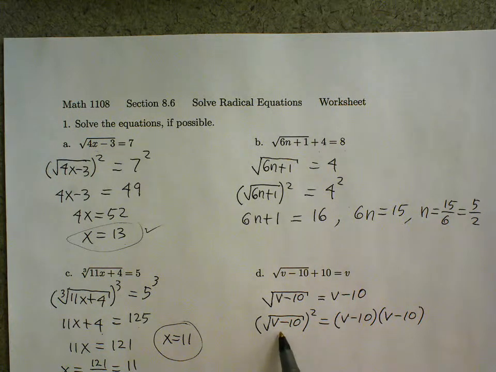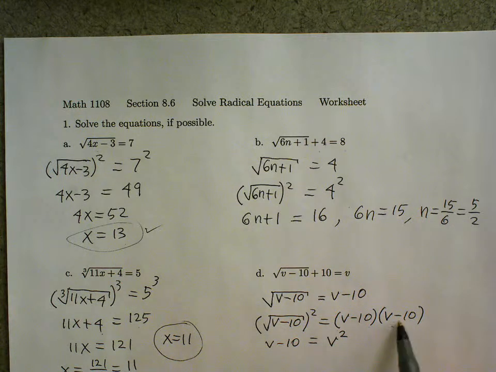When we square the square root of v minus 10, we just get v minus 10. When we square v minus 10, that is v minus 10 times v minus 10, we get v squared, and we get minus 10v, minus 10v a second time, for a total of minus 20v. And then negative 10 times negative 10 is positive 100.